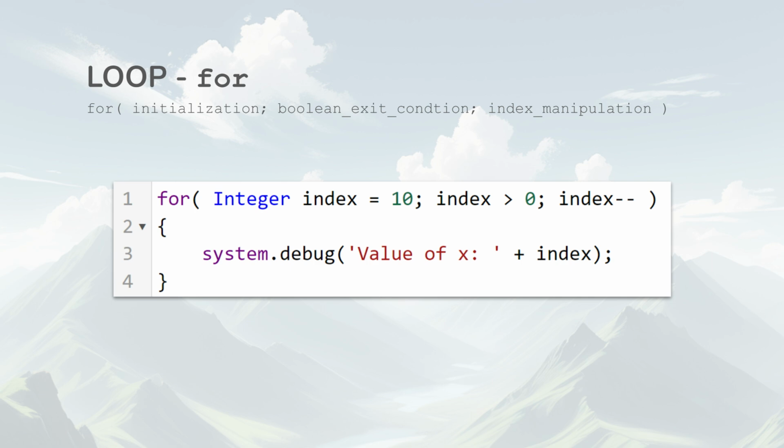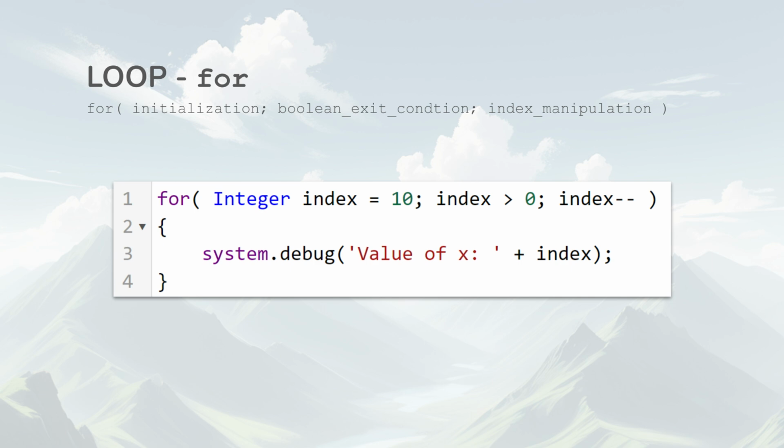It starts with the keyword for followed by a bracket. Inside the bracket we have initialization, boolean exit condition, and index manipulation. The initialization is done for the loop index variable. This determines what will be the initial value of the index variable. Index is very important in this type of for loops, as the rest of the two statements, that is boolean exit condition and index manipulation, depend on it.